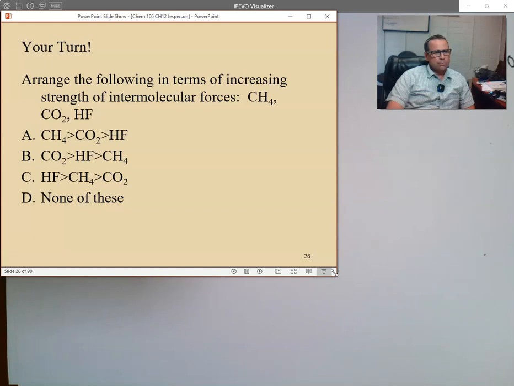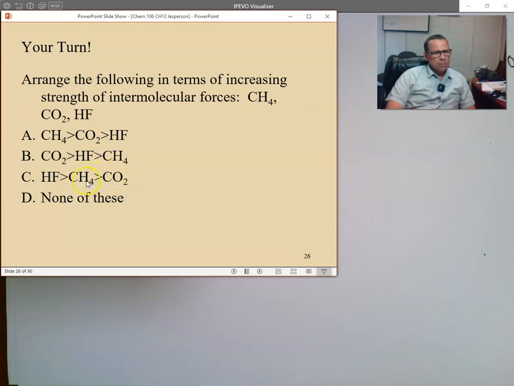Yeah, I would go with C, just because I would think that the hydrogen fluoride is the only polar molecule, so that one seems to have to be the strongest. Yeah. I'd agree with that. Are we sure with this CH4 and the CO2 bit down here?